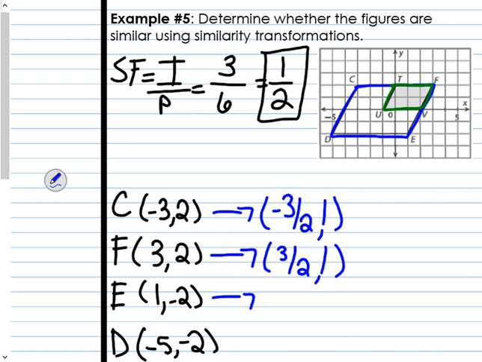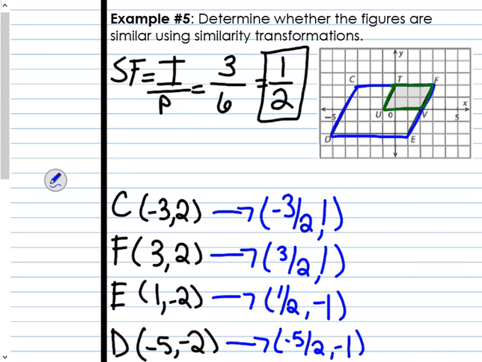This becomes 1/2, -1. And D becomes -5/2, -1. So you have -3/2, 1, you have 3/2, 1, 1/2, -1, and -5/2, -1.